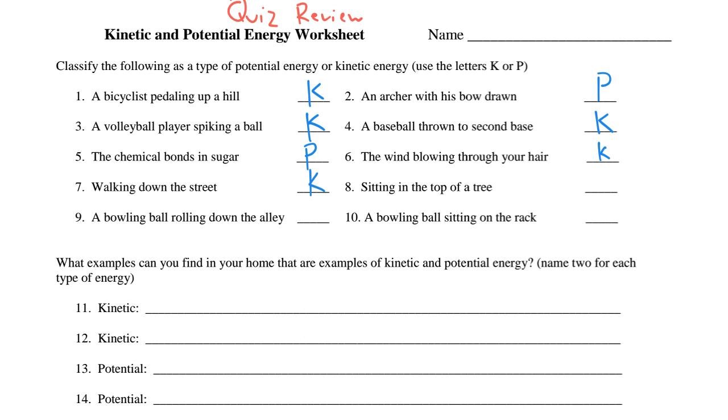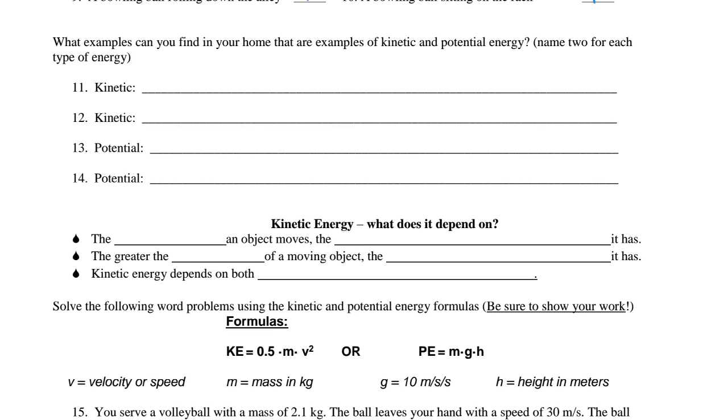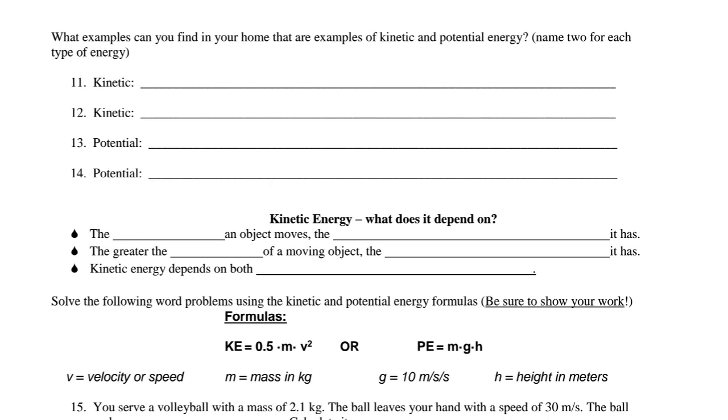Because we're on top of the tree, it's going to have lots of gravitational potential energy, the potential for you to fall out of the tree. Bowling ball rolling down an alley and sitting on a rack, same concept. It's potential energy because it could fall off the rack, it could fall into the basement. Until you're at the center of the earth, you still have some gravitational potential energy. I will let you come up with your own examples here.